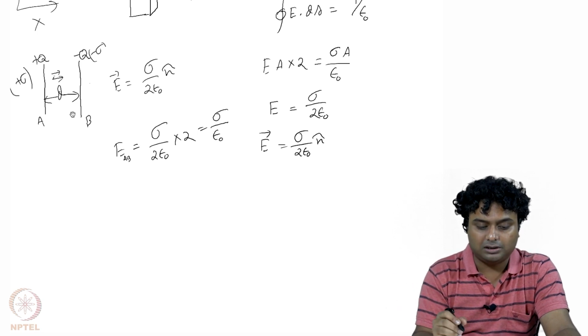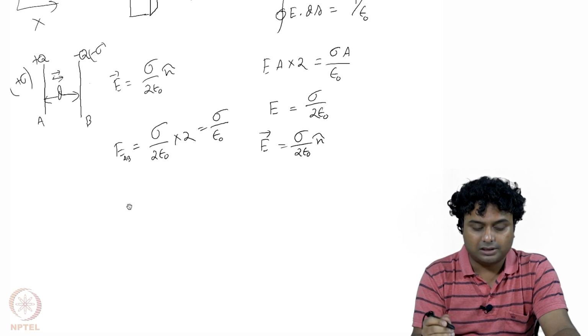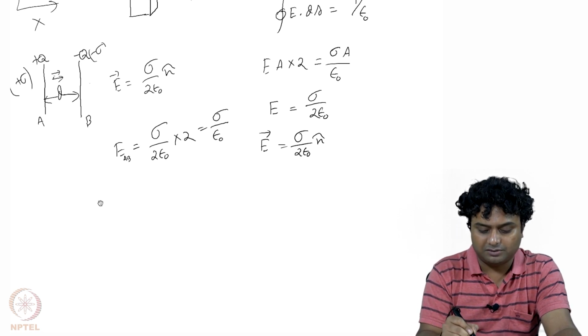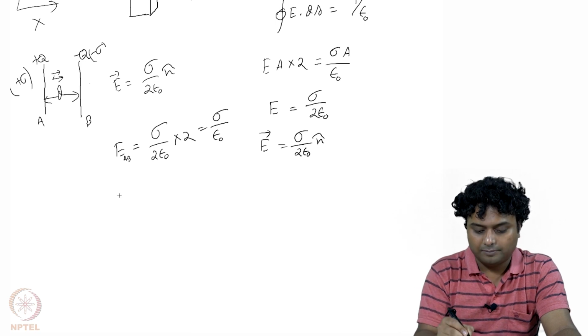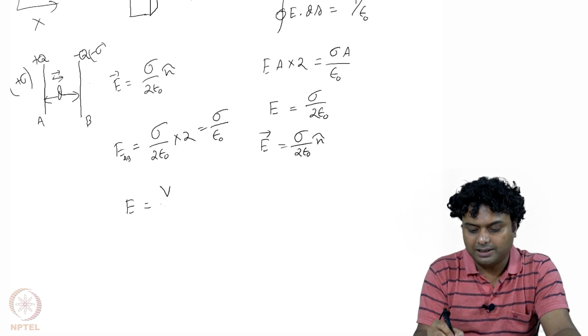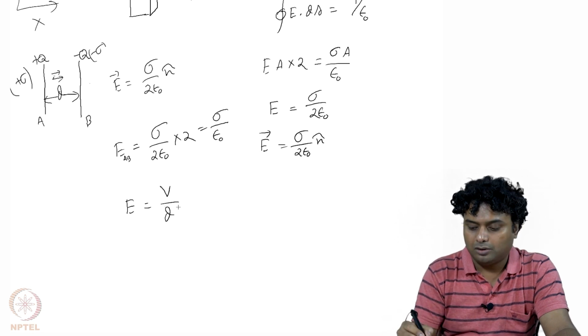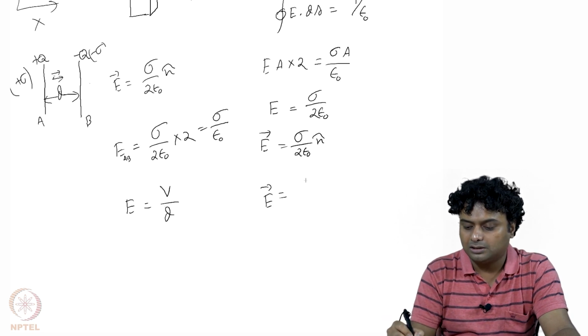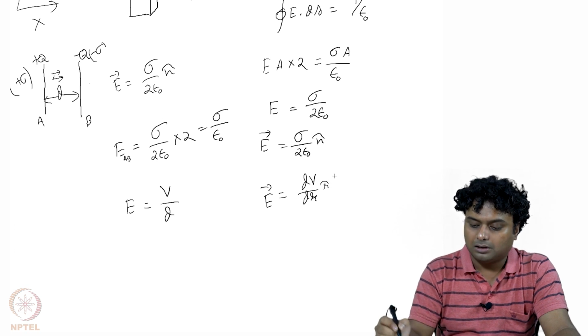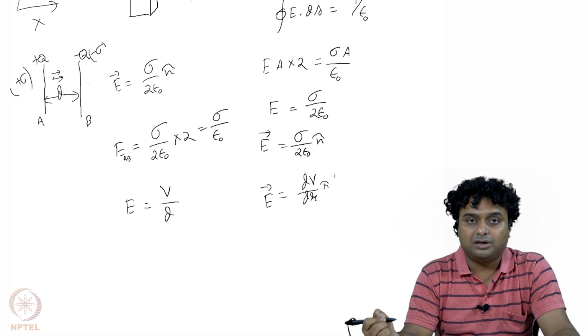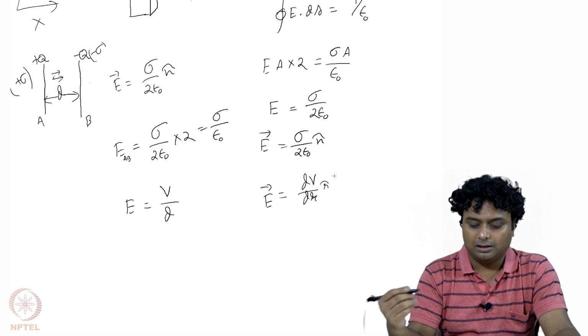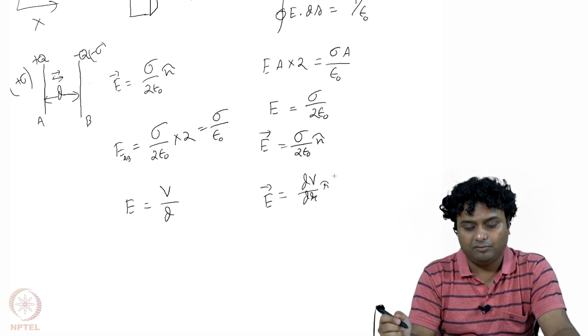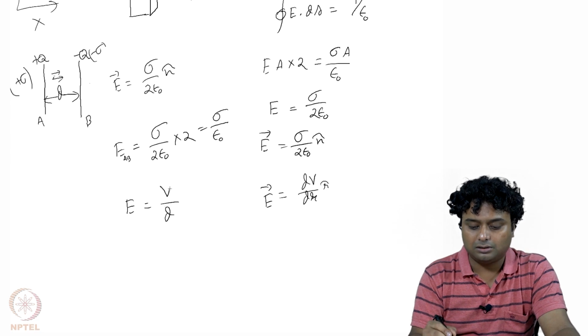Now as it is a uniform electric field, if the potential difference between them is V, then we can write E equals V by d. Anyway, you know that any electric field we can write as E equals dV by dr along some vector, let us say r cap. The first derivative of the potential with respect to distance is the electric field, and here the field is uniform, so you can directly write E equals V by d.